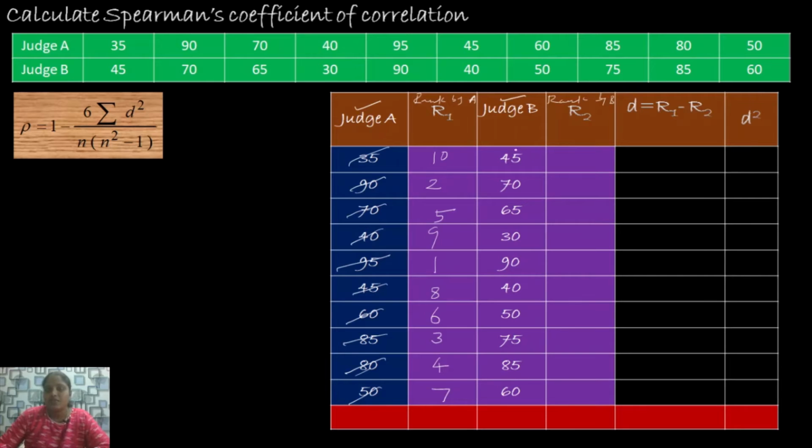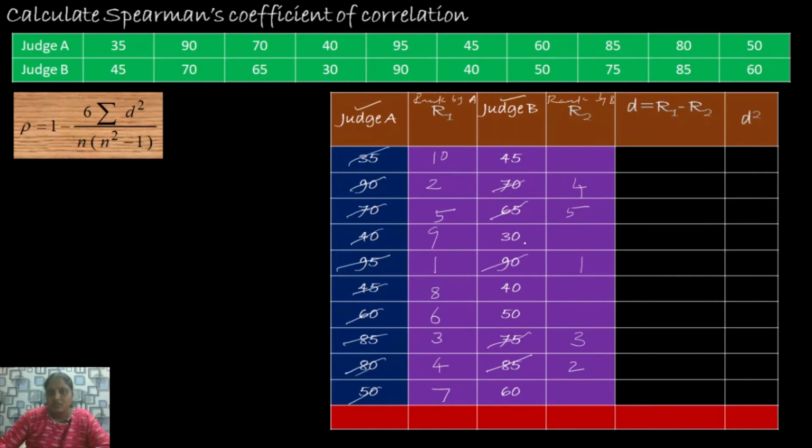Similar process has to be followed for Judge B. Here we have to take the highest value as 90. So I am going to assign 90 as rank 1. Then next to highest value is 85. This is for second rank. Next to highest value is 75. So third rank. And 70 fourth. And fifth rank is 65.